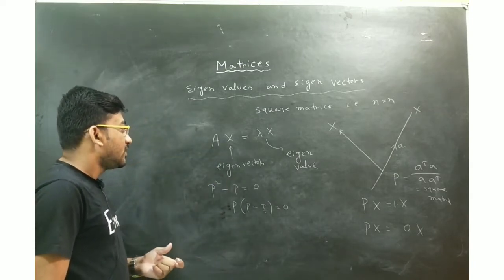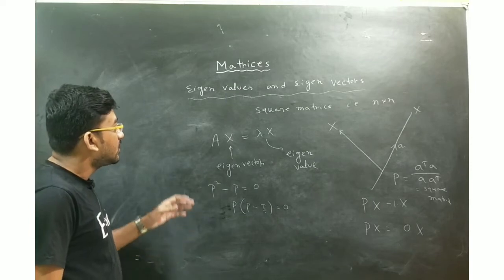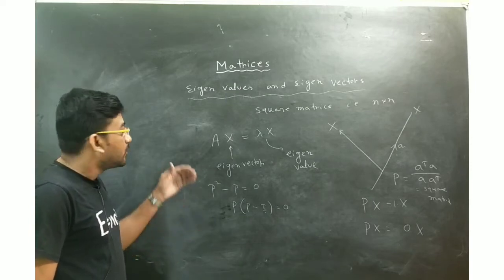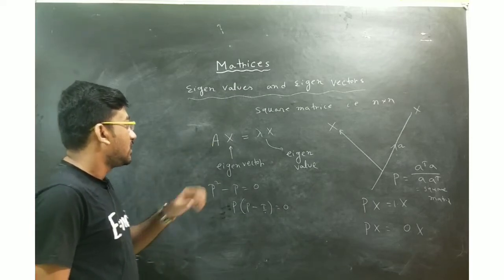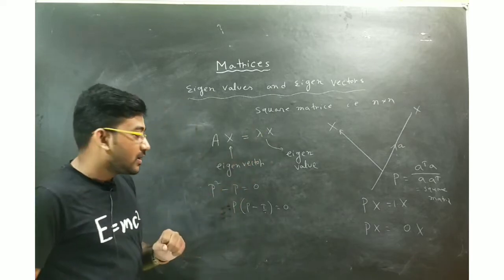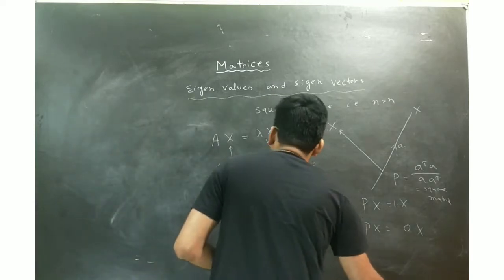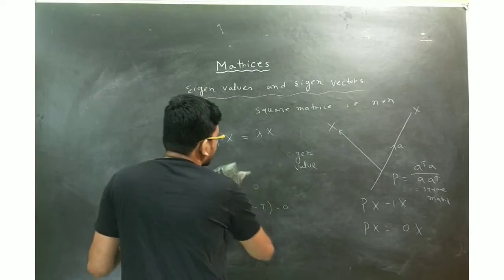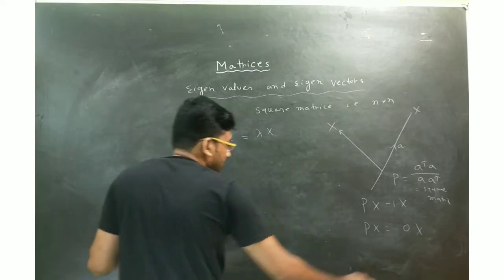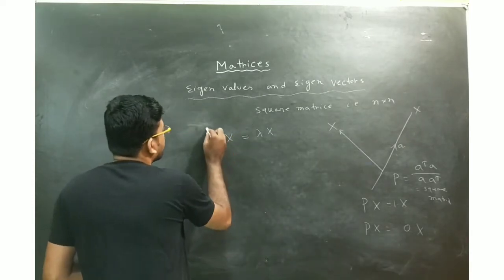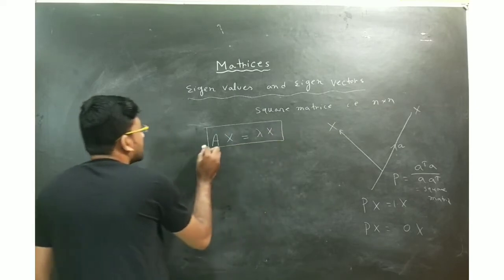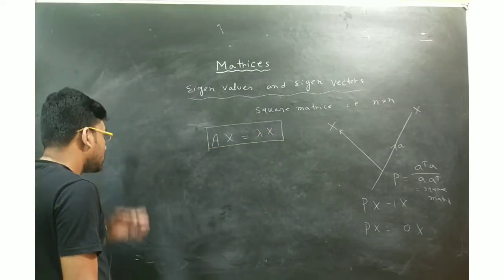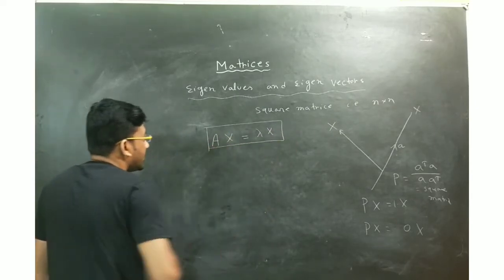Okay, now let me tell you some properties of this equation, of this eigenvalue and eigenvector. So this is your main equation, Ax is equal to lambda x. Now suppose instead of A we have A square.